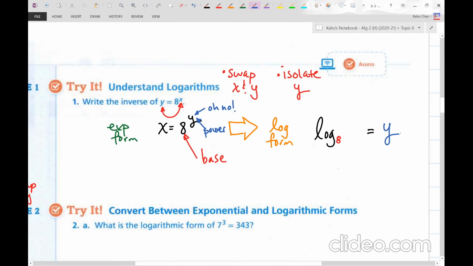The answer, or the argument, is x. It goes right here. Ladies and gentlemen, this is the log form of the original problem, y equals 8 to the x.